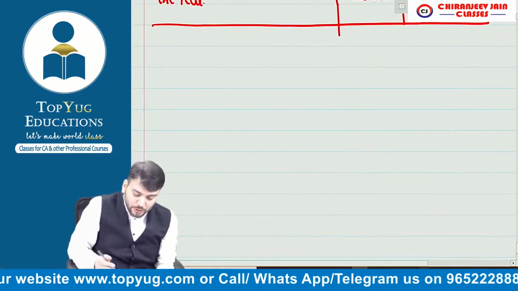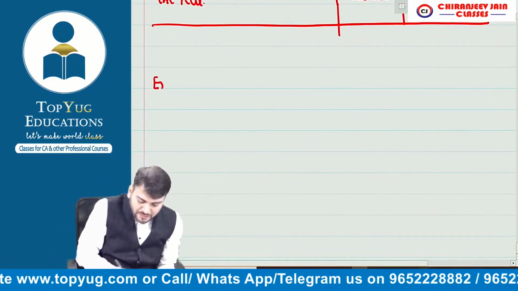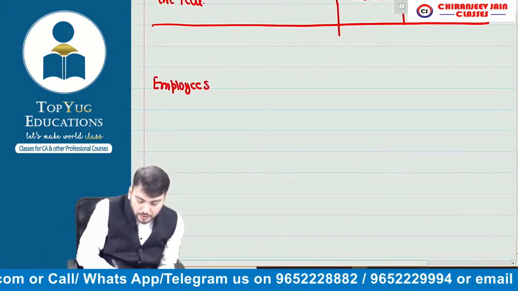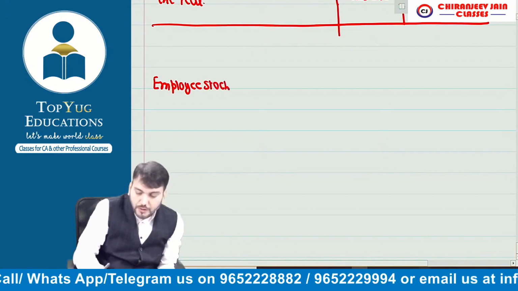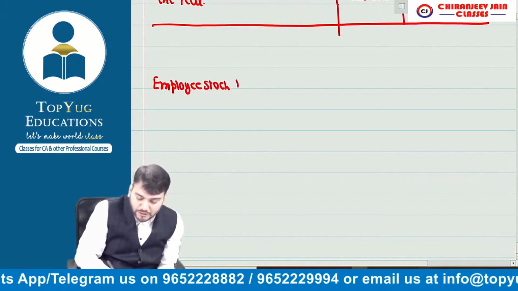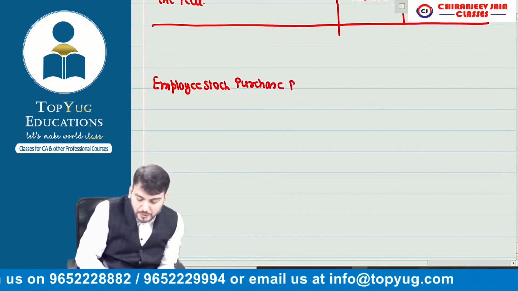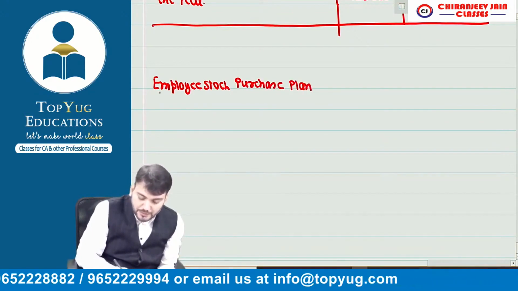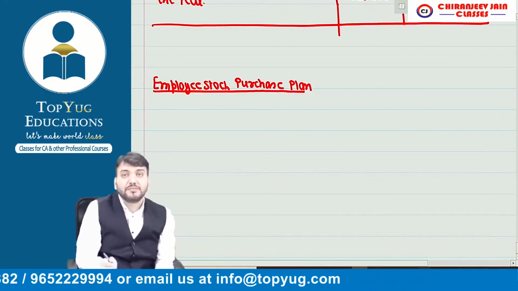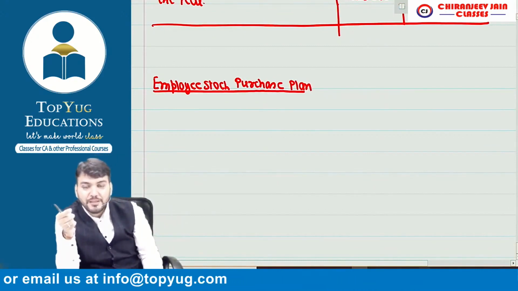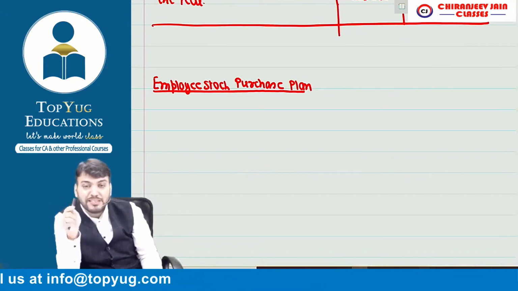Now we'll take one more topic which is very simple, that is employee stock purchase plan. I said initially that there are two topics based on equity settled, one is ESOP and one is ESPP.